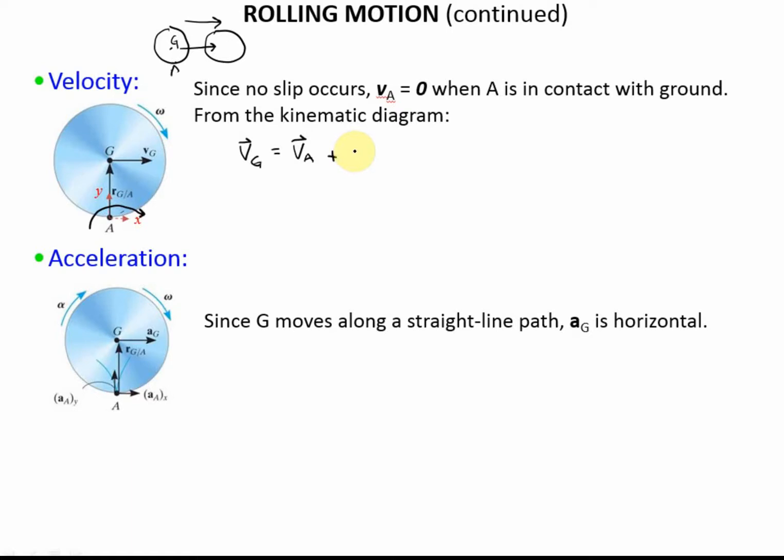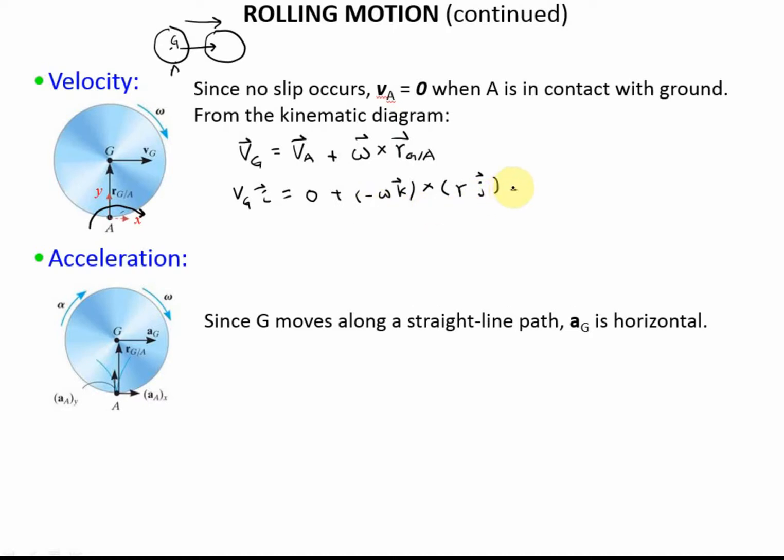So the velocity of point G should be omega cross the position vector r_G/A. The center just moves to the right; it doesn't move up and down. So in vector expression, Vg has only an i component. The contact point A has zero velocity, and omega is clockwise, so we put a negative k in the cross product. The position vector r points up with a radius R, and up is j.